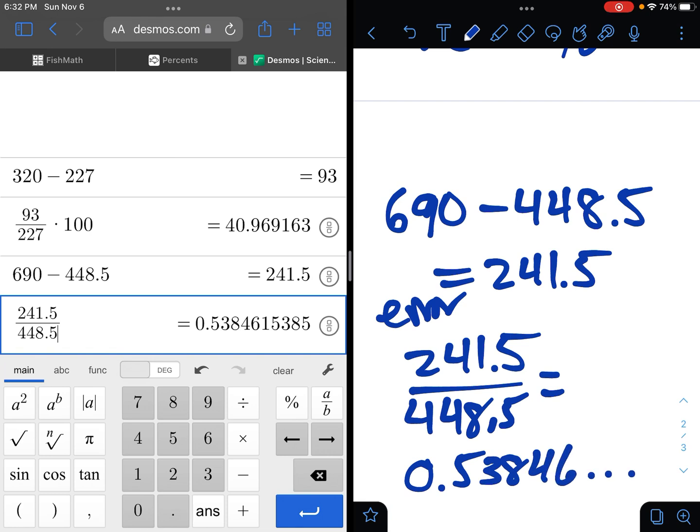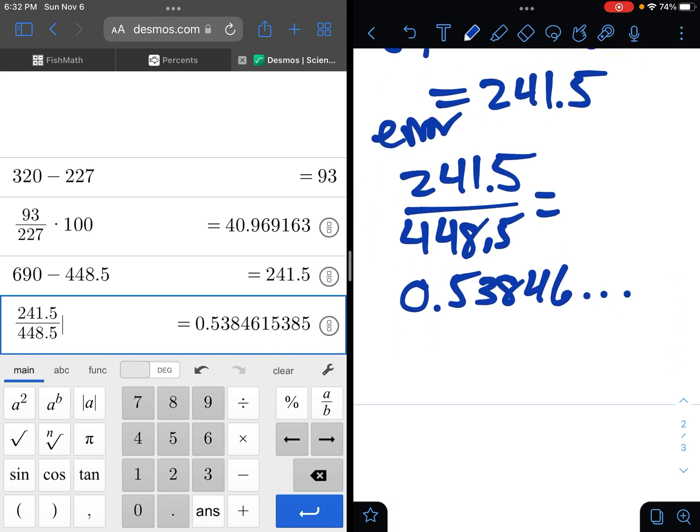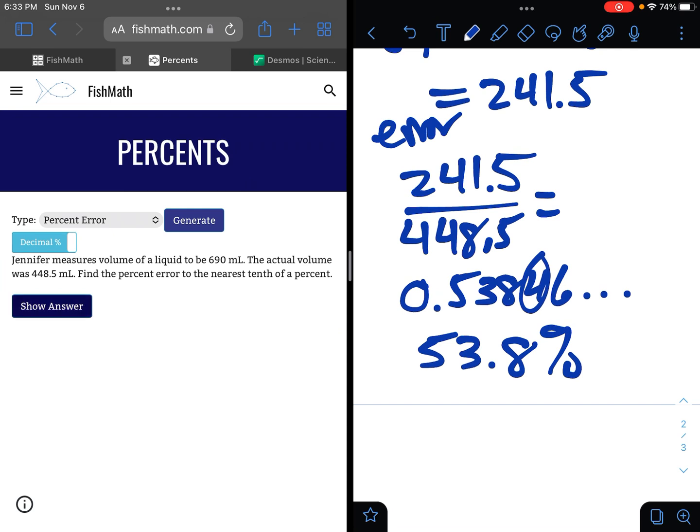We don't need all these decimals, but we do need a bunch of them. I'm going to do times 100 here just to get it to a percent form. So the nearest tenth of a percent would be 53.8 or 53.9. In this case, the number after the 8 is a 4, which means we're going to keep it an 8, so 53.8%. And let's just go back and check our work.